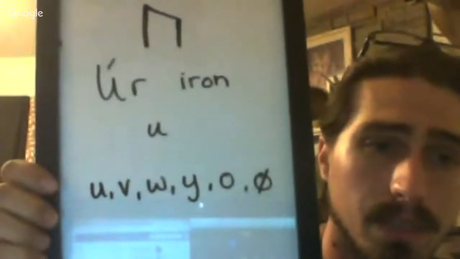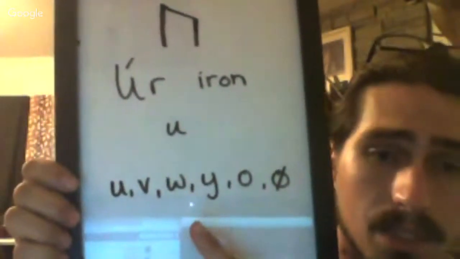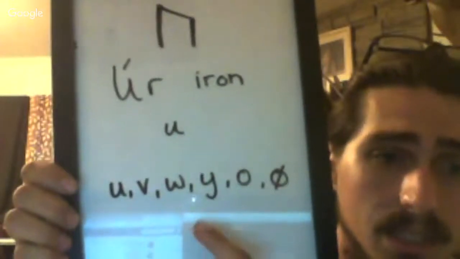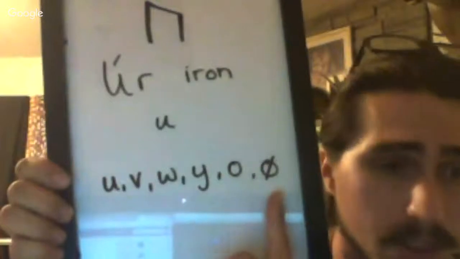So again, the Or rune, which is transcribed as a U, can be a U, a V, a W, a Y, an O, and an O slash.